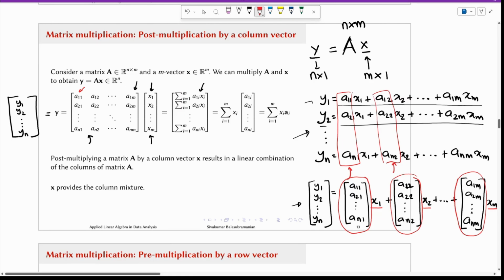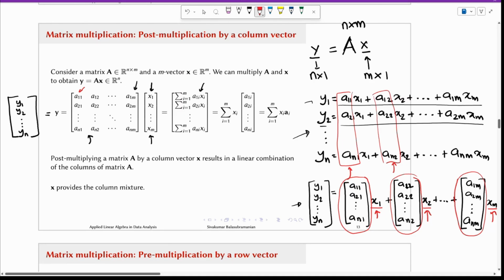Whenever you post multiply a matrix by a column vector, one way to interpret that operation is that you are taking a linear combination of the columns of A, and how much of each column you take is given by the column vector X. So one way to interpret AX is I'm taking X1 amount of the first column, X2 amount of the second column, and XM amount of the mth column, and adding them all together. So you're essentially mixing the columns of A to produce another column.